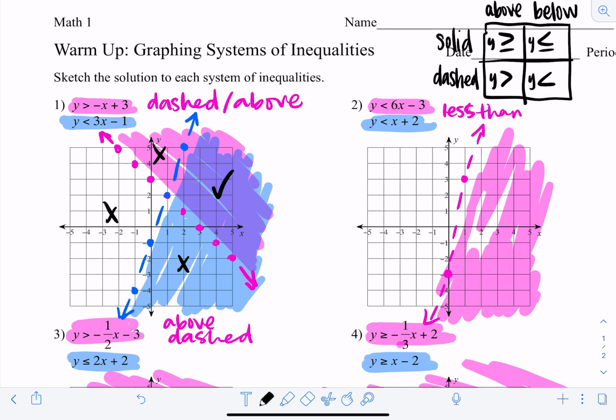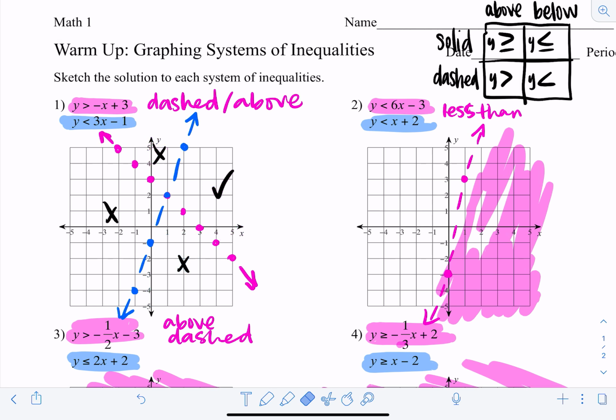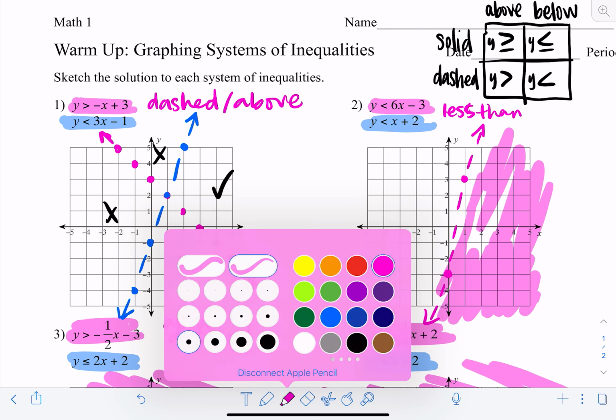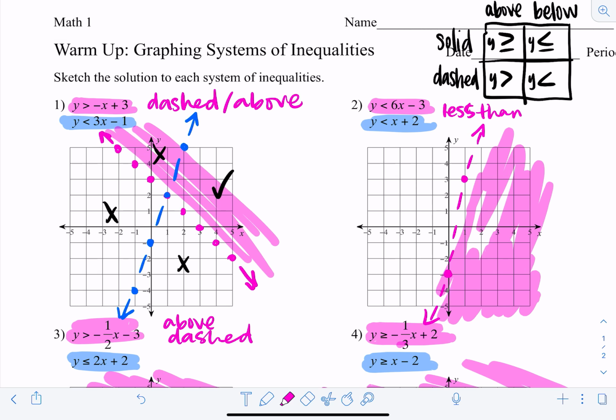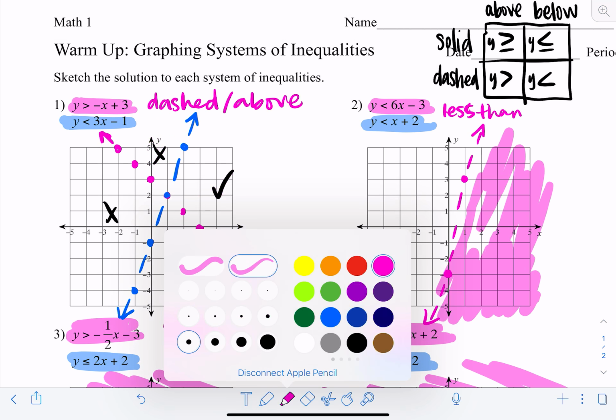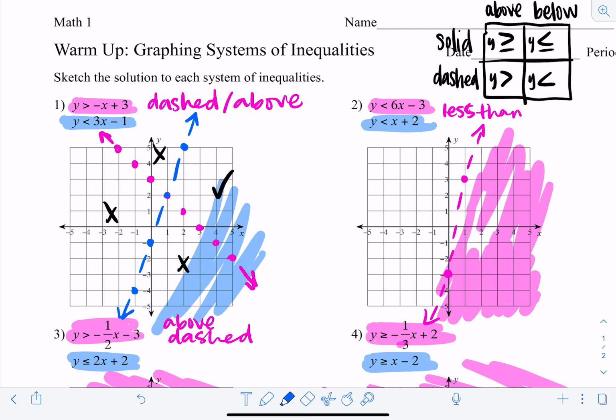This zone works for pink, being above the pink, but it isn't all below the blue. This section here is below blue, but it's not all above pink.